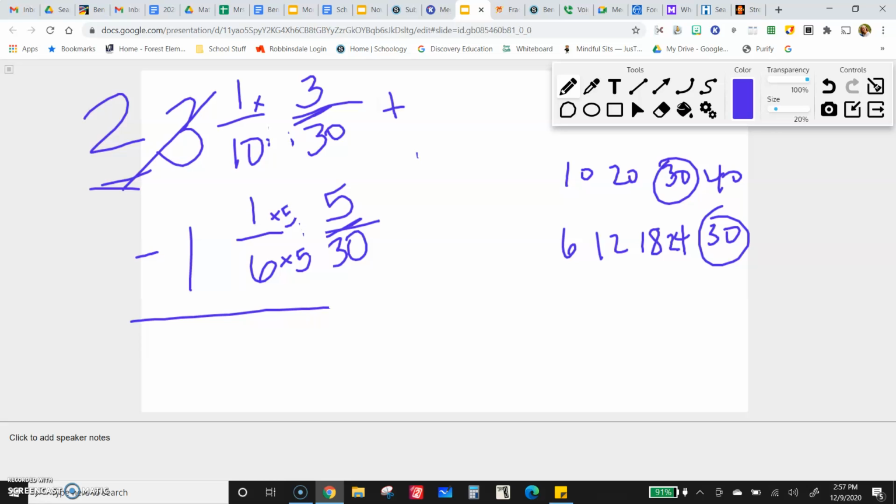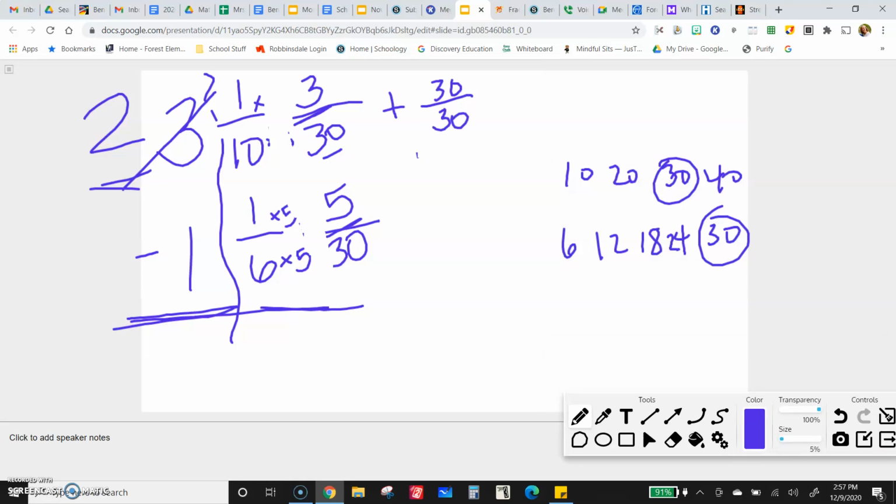But I need to write it like a fraction because I think of it as I'm in fraction land. This is whole number land. This is fraction land. I'm in fraction land, so I took 1 away. Need to add 1 here, but because I'm in 30ths, I'm going to add on 30 30ths. So my new numerator is 33 30ths.